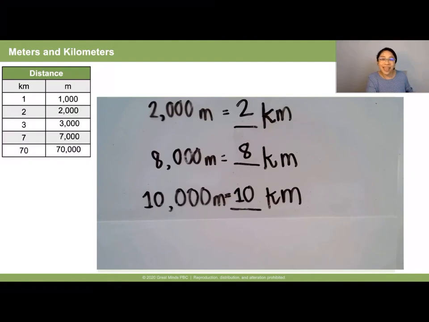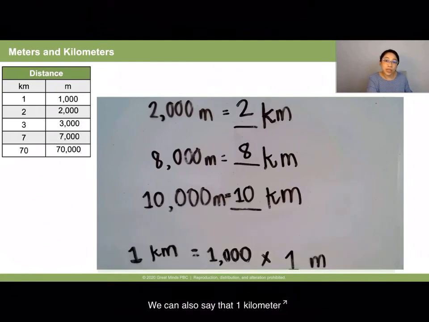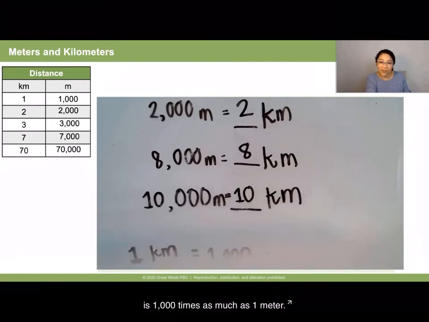Good. Let's take a moment to compare kilometers and meters. A kilometer is a longer distance because we need 1,000 meters to equal 1 kilometer. We can also say that 1 kilometer is 1,000 times as much as 1 meter.